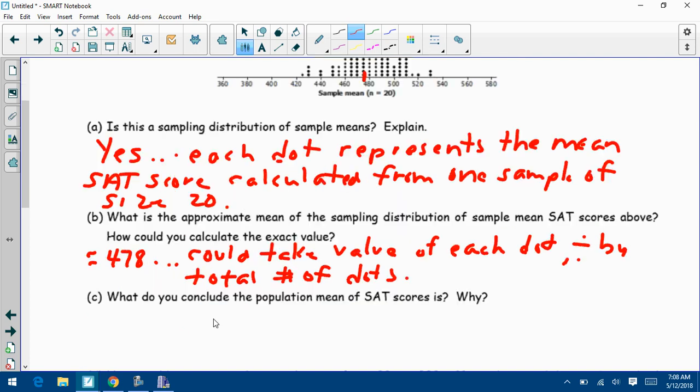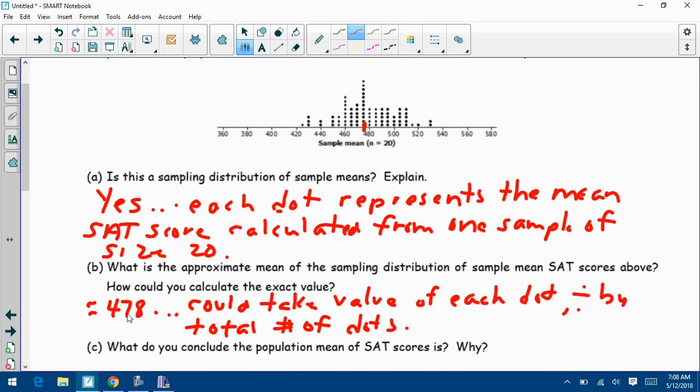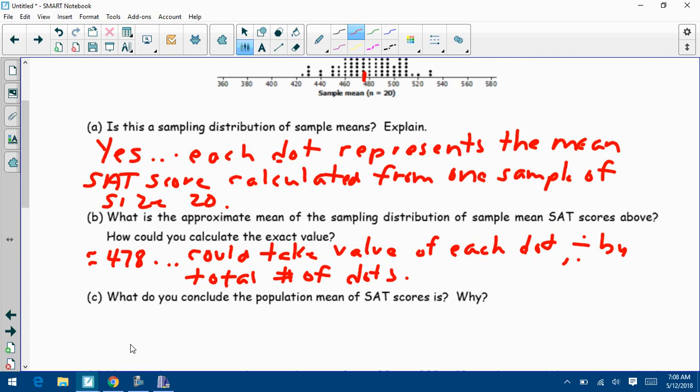What do you conclude the population mean of SAT scores actually is? Well, we got the average here. The average of the dots was about 478. That's supposed to be equal to the true population average. So the average of the sampling distribution should equal approximately the true population mean. So I would say the true population mean, mu, is about 478.